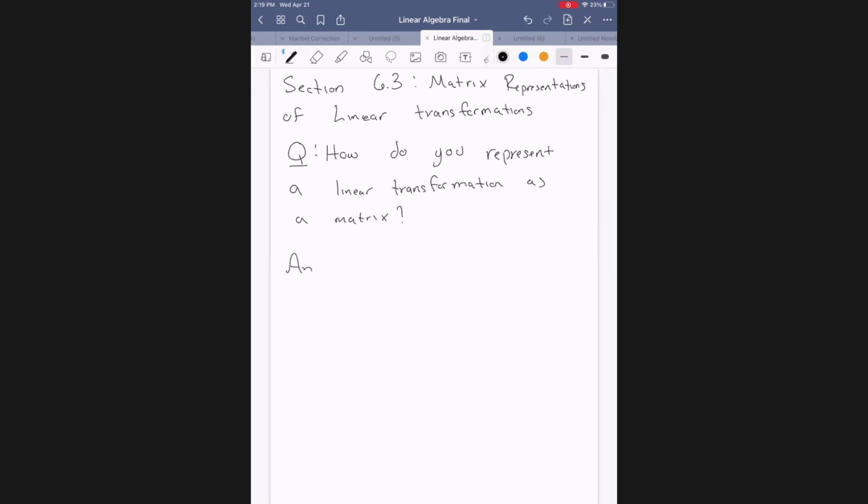And the answer is basically this. As long as you know what occurs to the basis elements of the vector space, if you know where they go under the transformation, then you know where every other vector goes. As soon as you know where those basis elements go, every other vector is determined by where those go. Which basically means this.